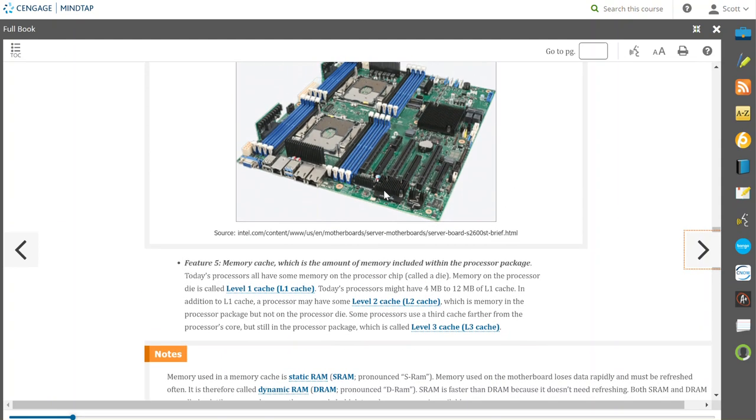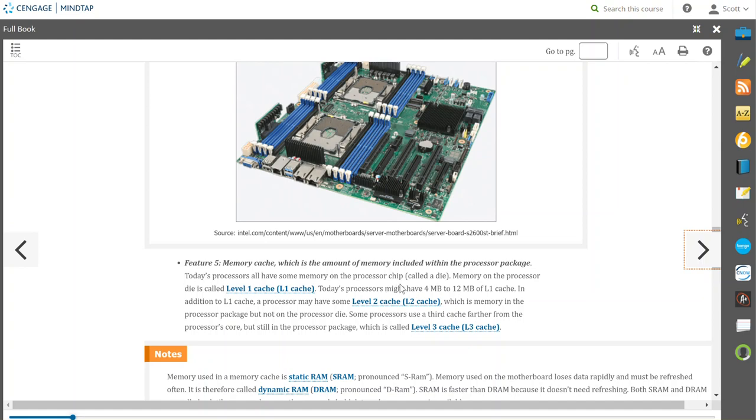Now, to be able to perform the tasks that it's got to perform, the processor is going to need memory. And that memory, we've got different levels of cache. Okay. And the memory on the processor die is called level 1 cache.